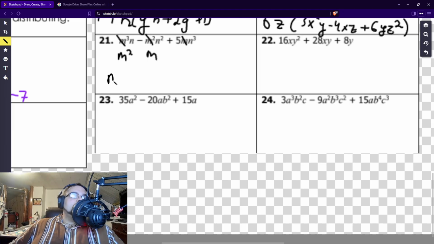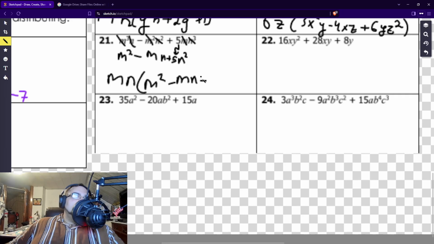Here we see N, N, N. We'll pluck out an N. I'm not going to forget about the 5, or our plus and minus sign. That's it. M squared minus MN plus 5N squared.